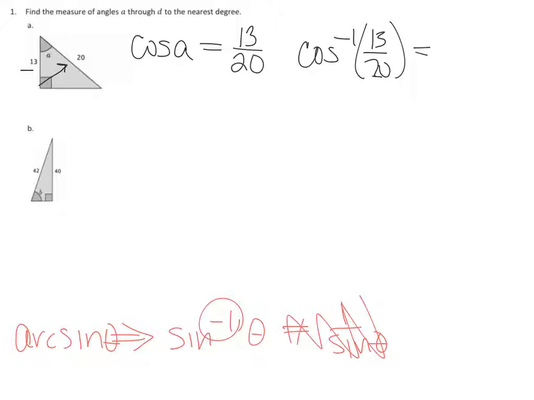Type that into our calculators. So I'm typing cosine negative 1, 13 divided by 20, and hitting enter. And what's getting spit out is 49.5 degrees. Go ahead and try that out. See if you can get the right answer.